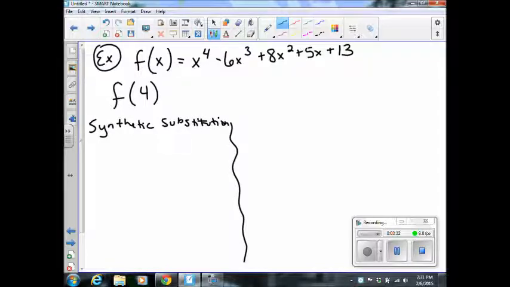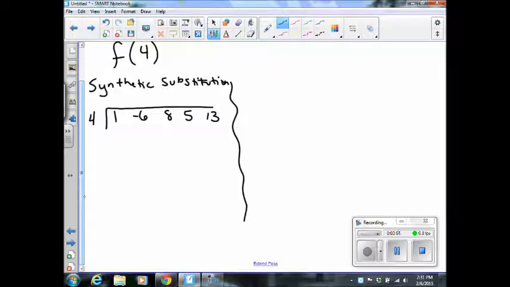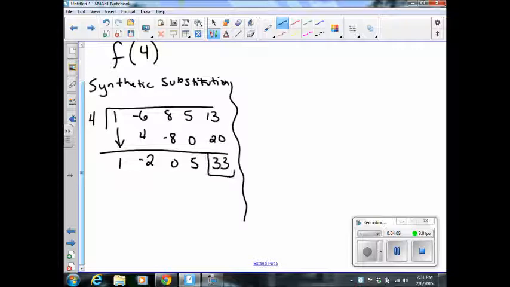So with synthetic substitution, the 4 here, the f of 4, is going to be what's on the outside, and I'm going to set this up as 1, -6, 8, 5, and 13. I go through and do my synthetic division. I drop down the 1 and keep going from there. I have a remainder of 33.